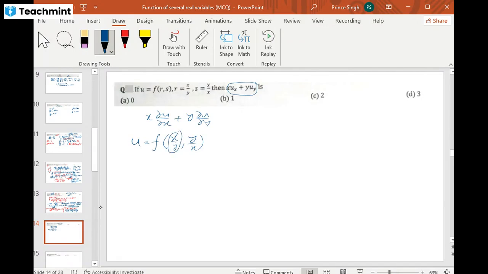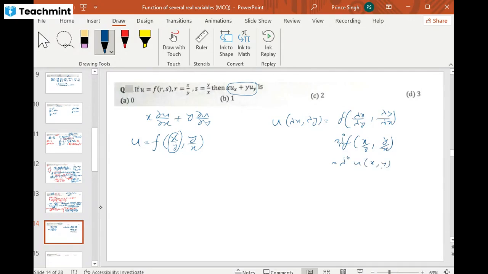x upon y means it is of degree 0. If I replace x with lambda x and y with lambda y, then this is f of lambda x upon lambda y, lambda y upon lambda x. They will cancel out. This is the same as f of x upon y, y upon x. So this is lambda raised to power 0 times u of x, y.